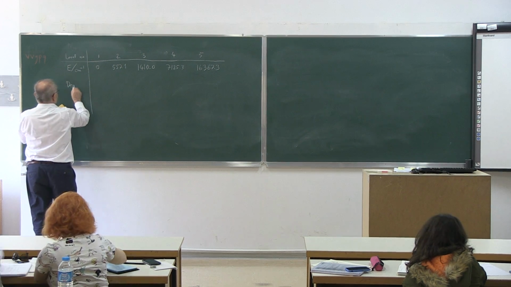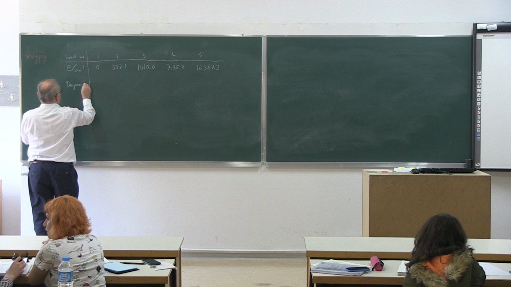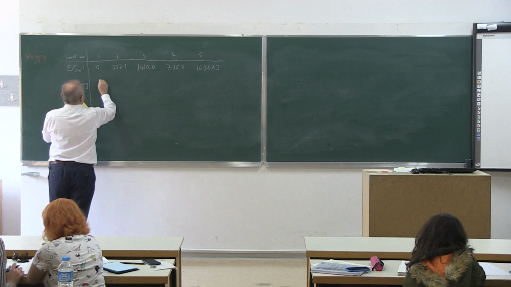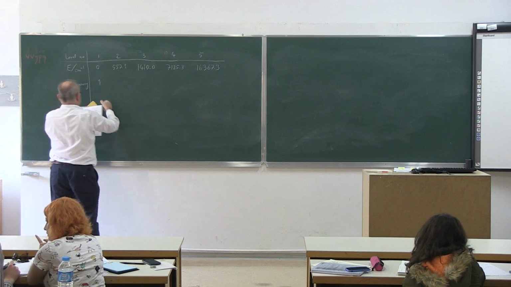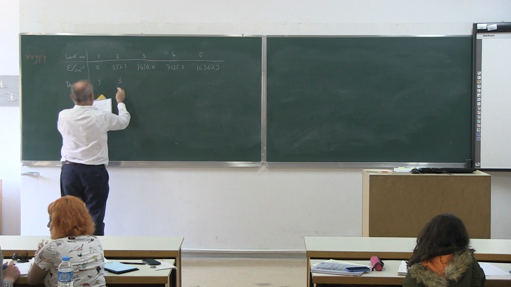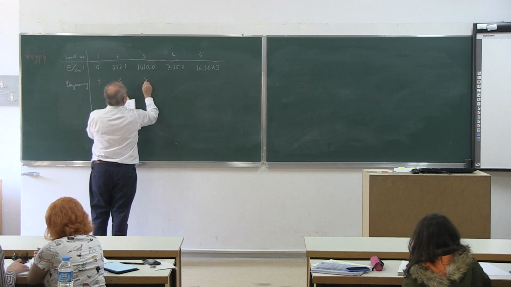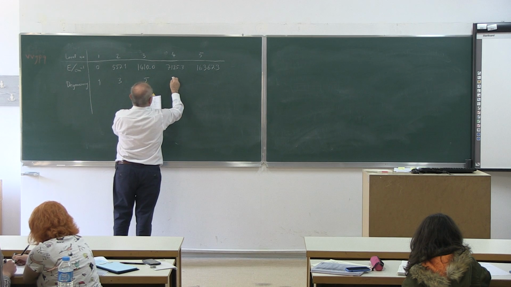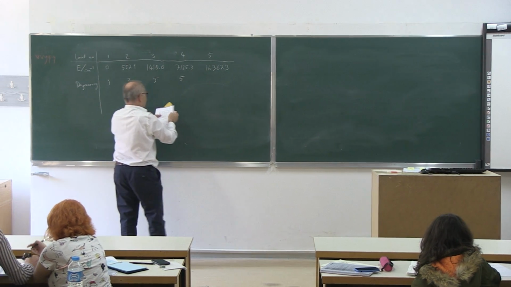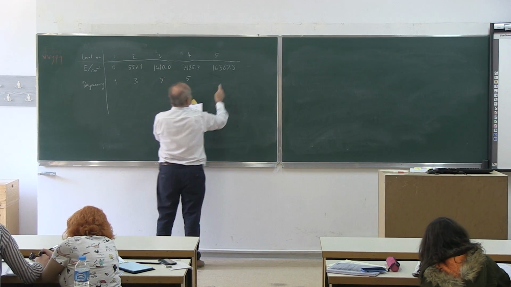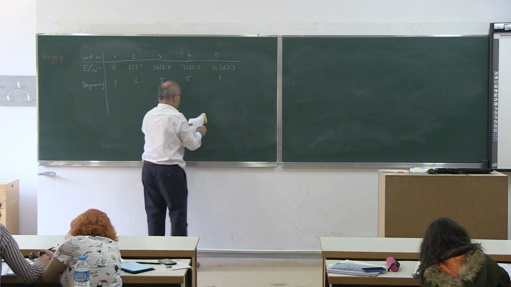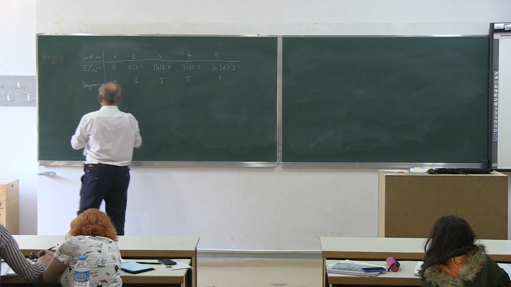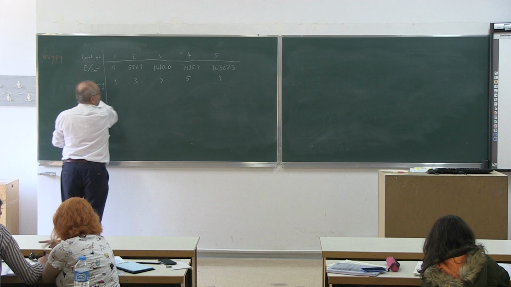Also, degeneracy information. The lowest level is non-degenerate. The next one is triply degenerate. This one and the next one are 5-fold degenerate, and the last one is singly degenerate. Now, this is the data given.